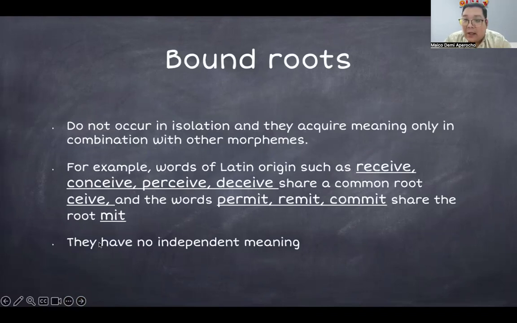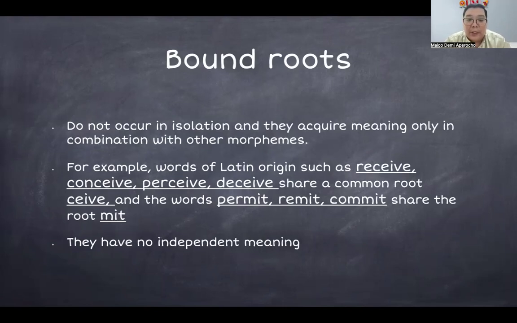So we have now the concept of bound roots. Bound roots do not occur in isolation and they usually acquire meaning only in combination with other morphemes. That's why they are considered bound: they need to be bound to another affix, another syllable, another root, or another word in order to stand alone.